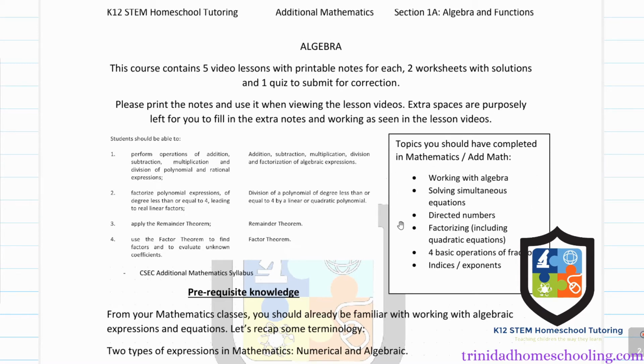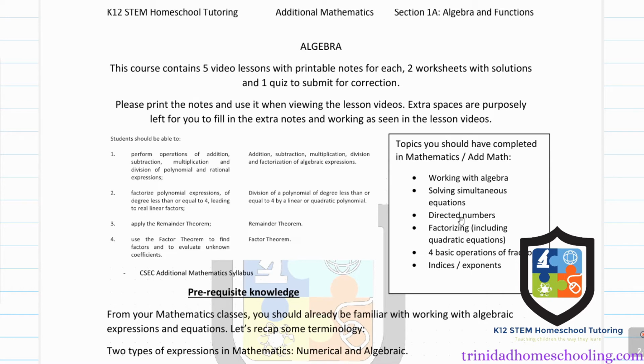Now here are some topics on the right hand side here that you should have completed in mathematics in forms 1, 2, and 3 and early form 4 before you're able to do this topic. Now some of the topics that you need to be proficient in is working with algebra, solving simultaneous equations, directed numbers.